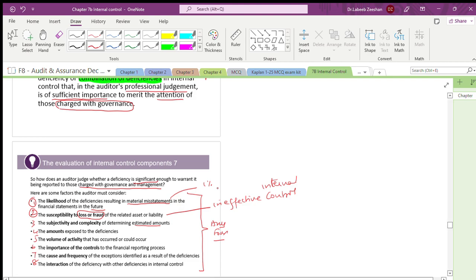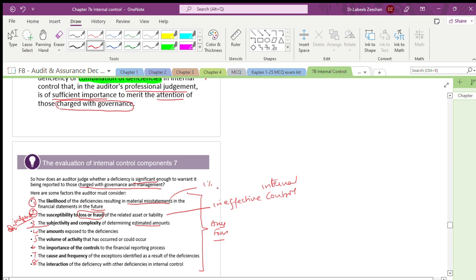Subjectivity means it is based on the situation. When it is based on the situation, judgment will come into the picture.